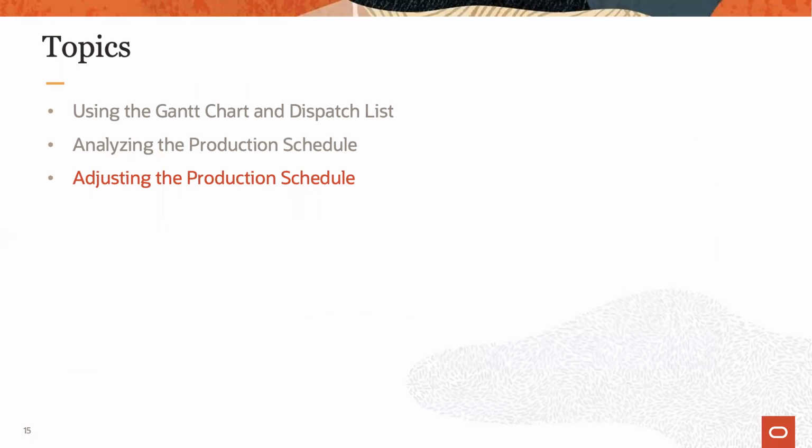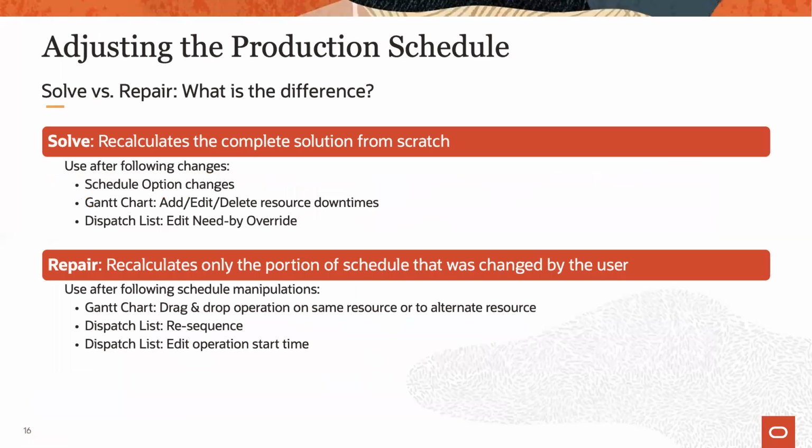Now that we know how to analyze the schedule, let's go over ways to adjust the schedule. But before discussing the different manual schedule changes, we should understand that there are two distinct modes in which the calculation of the schedule is performed. First, the solve.